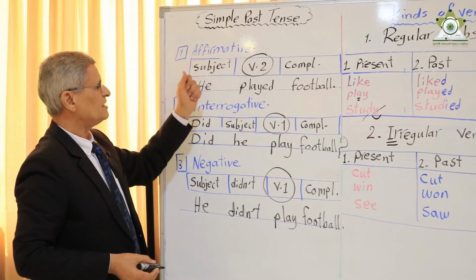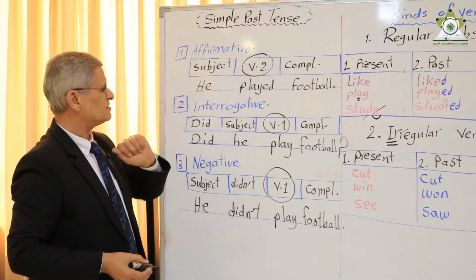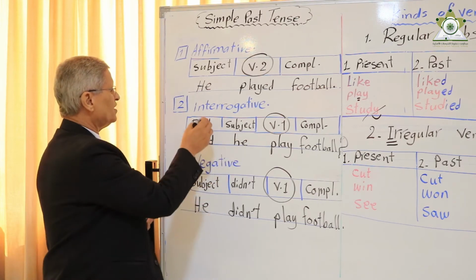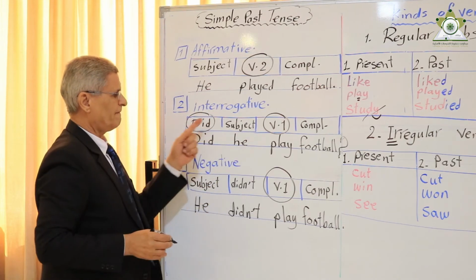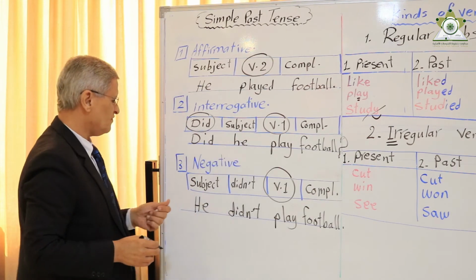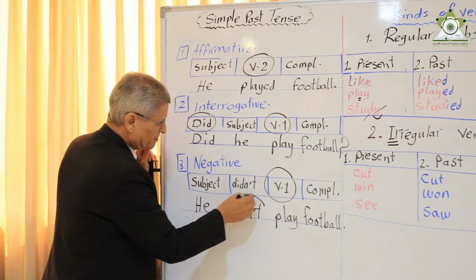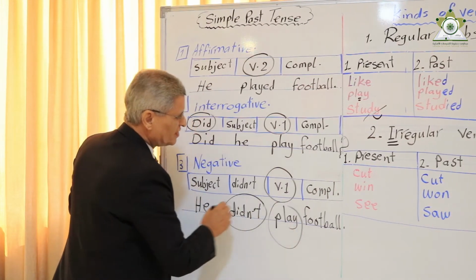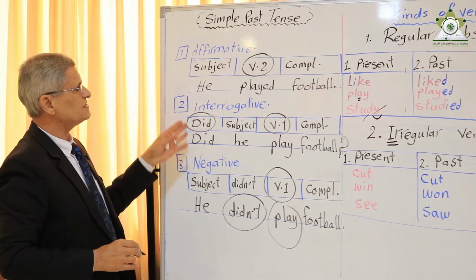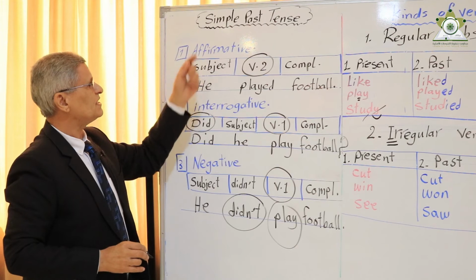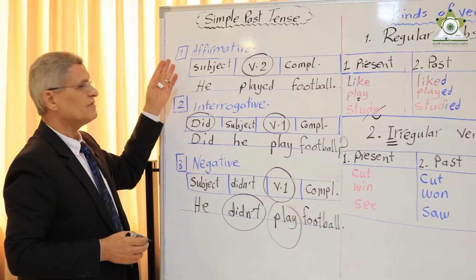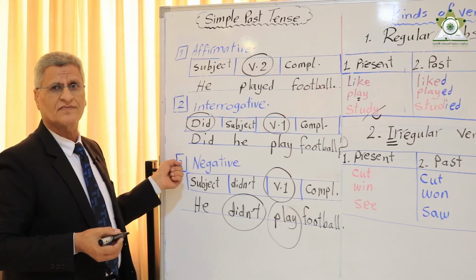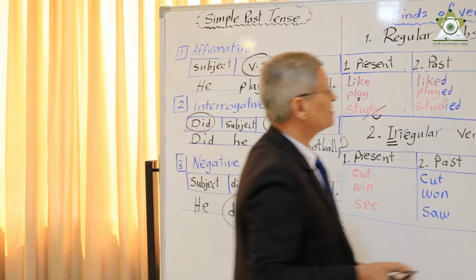In the affirmative, it should be verb 2, past. In the question, you should use did plus verb 1, like this. In the negative, you should use didn't before the verb, and the verb should be in the present, verb 1. This is the simple past tense, affirmative, interrogative, and negative.